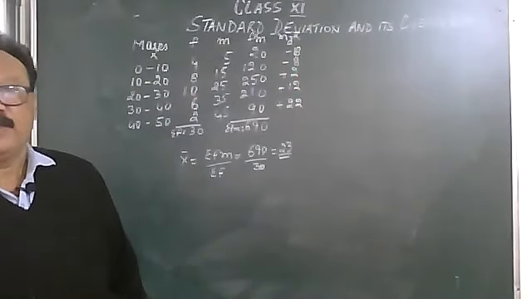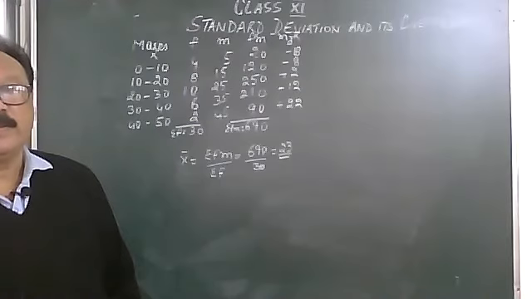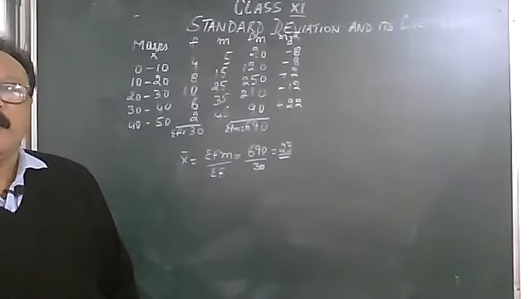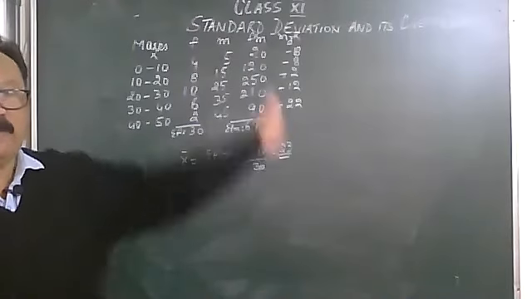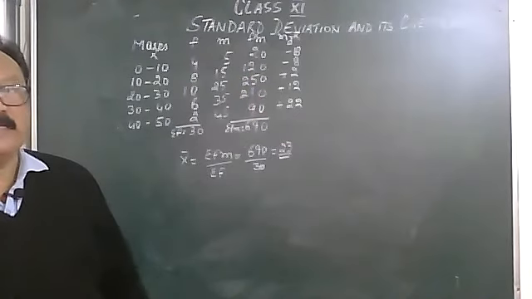So from the midpoints, we minus the actual mean and we got the values in minus and plus.